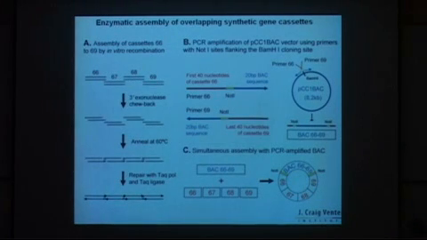And here is the scheme that we adopted to do this. Dan Gibson, who's here at the meeting, developed really robust procedures for assembling these pieces using the homology at the overlaps between adjacent pieces.